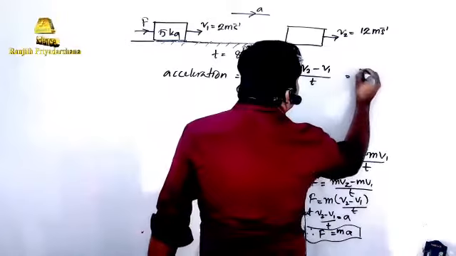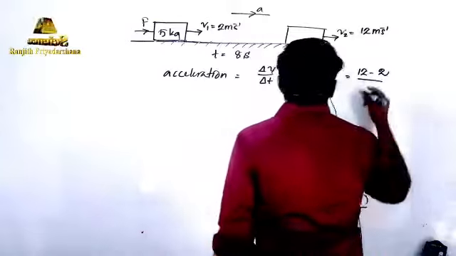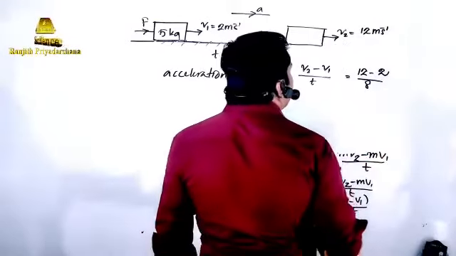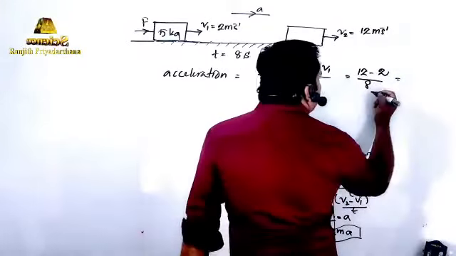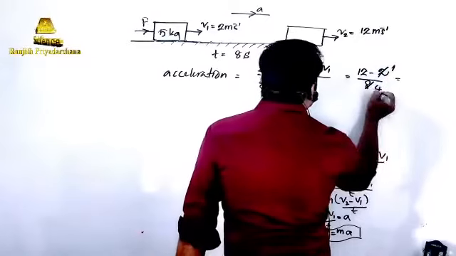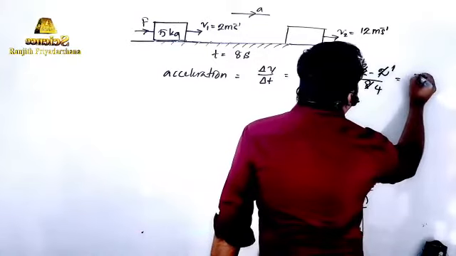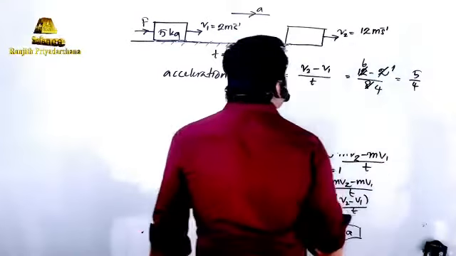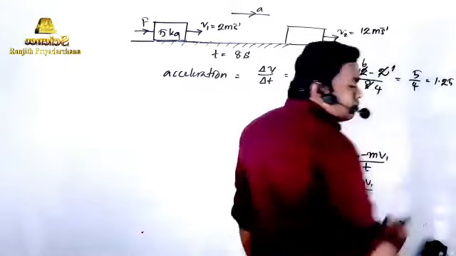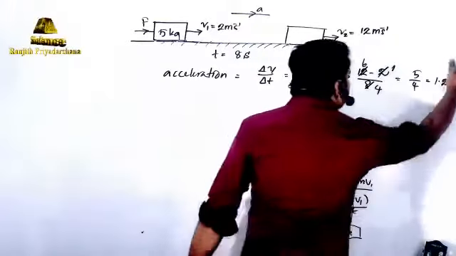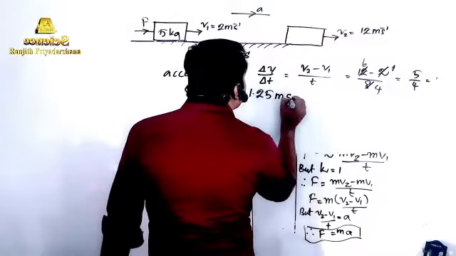So V2 is 12 subtraction V1 is 2, and the time taken is 8. You can subtract, or simply cancel this. So that's 5 over 4, so you end up with 1.25 meters per square second.